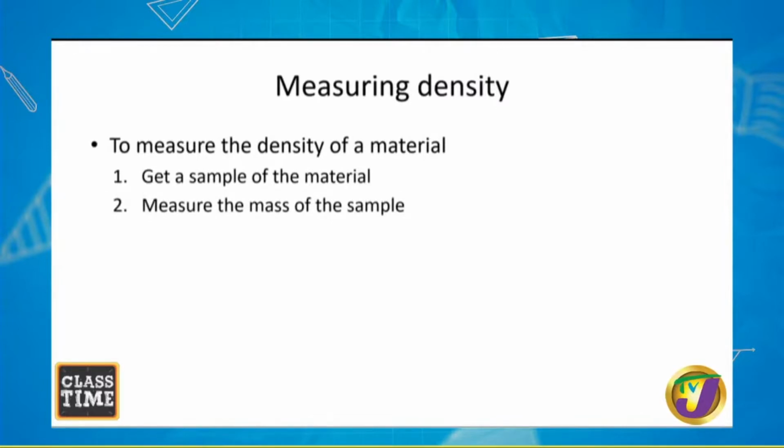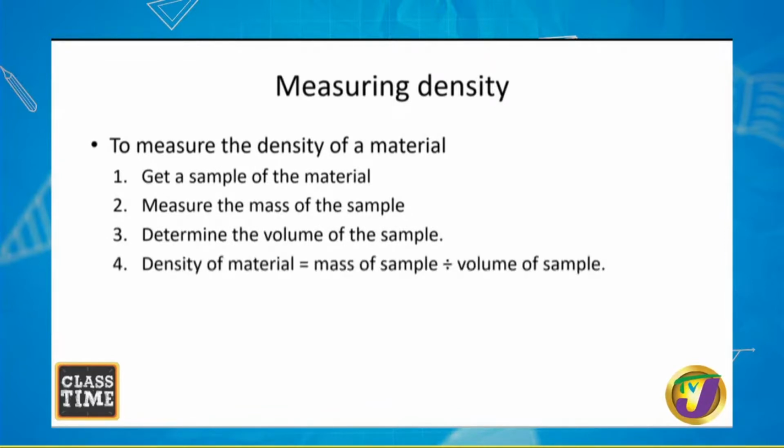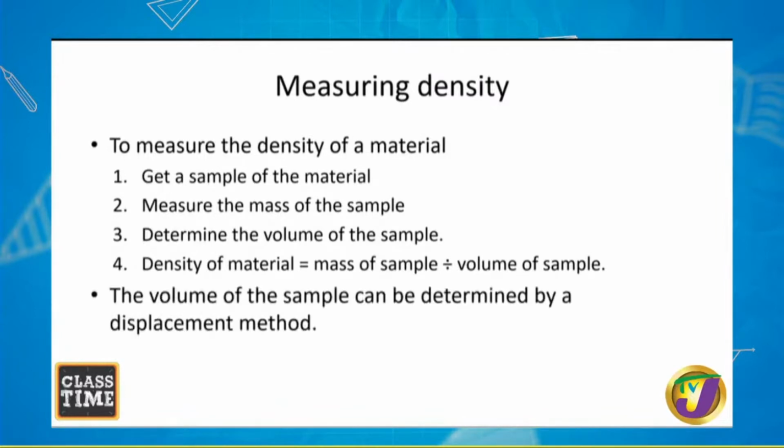We're going to measure the mass of the sample. Then we are going to determine the volume of the sample. And then the density of the material would be equal to the mass of the sample divided by the volume of the sample. And we can determine the volume of the sample by a displacement method.